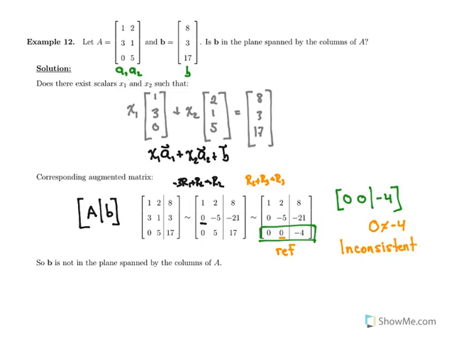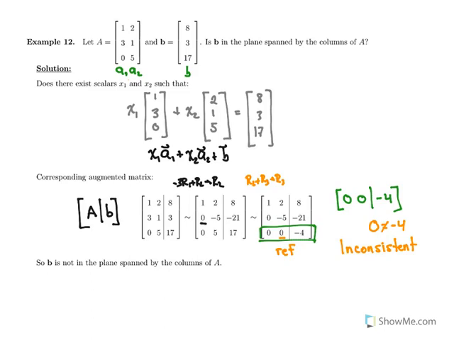We said before that if there's an inconsistent system, then there are not scalars x1 and x2 such that this linear equation is satisfied, that B cannot be written as a linear combination of A1 and A2.